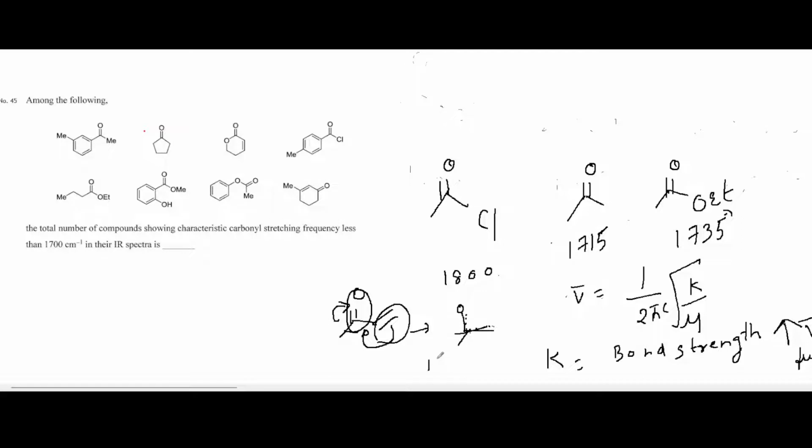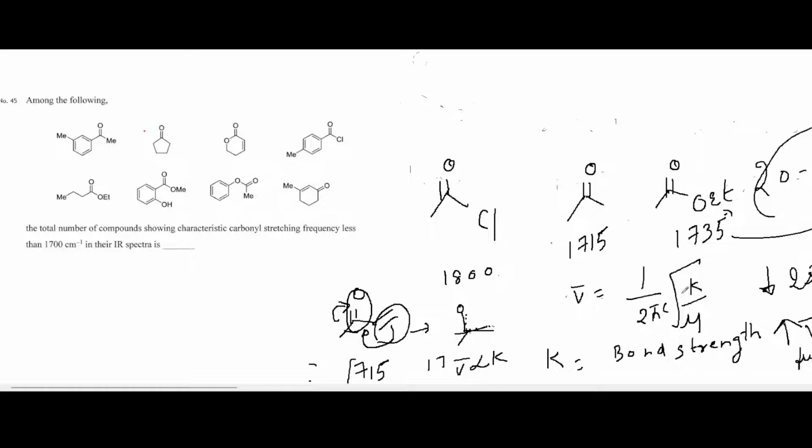Since the bond strength is decreasing and nu bar is directly proportional to k, the frequency will decrease. Think about an ester at 1750: it will decrease by some 20 to 25. So the maximum is 25, and the bond strength will decrease by a maximum of 25.